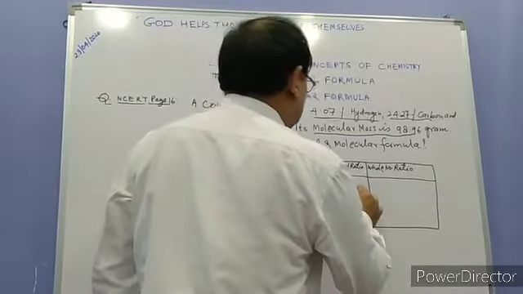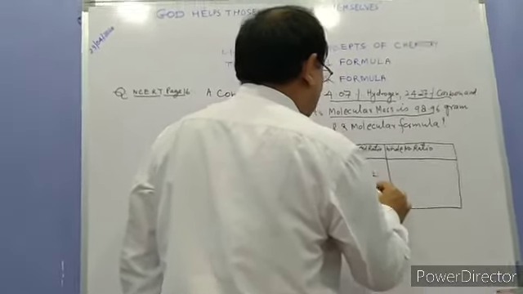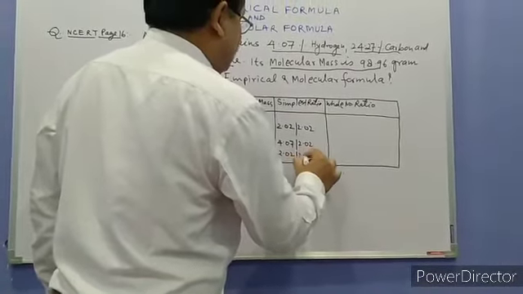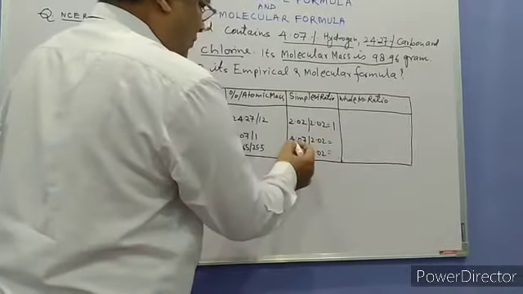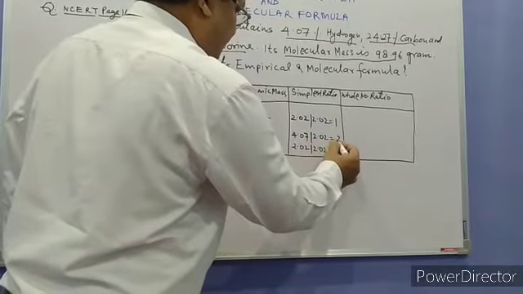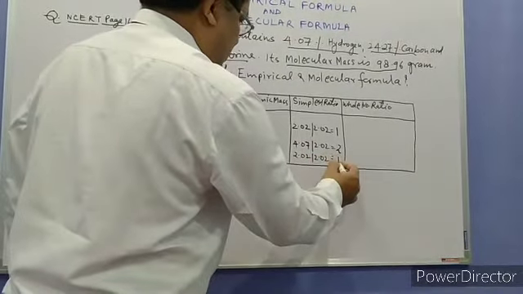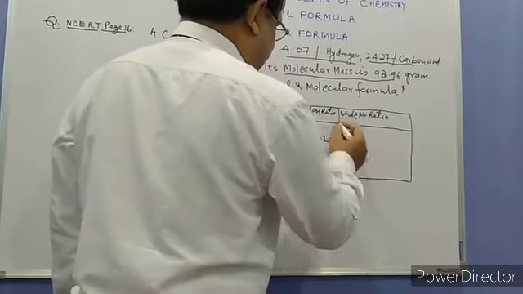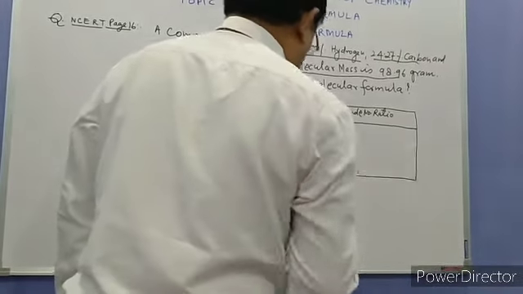So 2.02 divided by 2.02 equals 1. 4.07 divided by 2.02 equals 2. 2.02 divided by 2.02 equals 1. So the whole number ratio will be the same as the simplest ratio, that is 1 to 2 to 1.